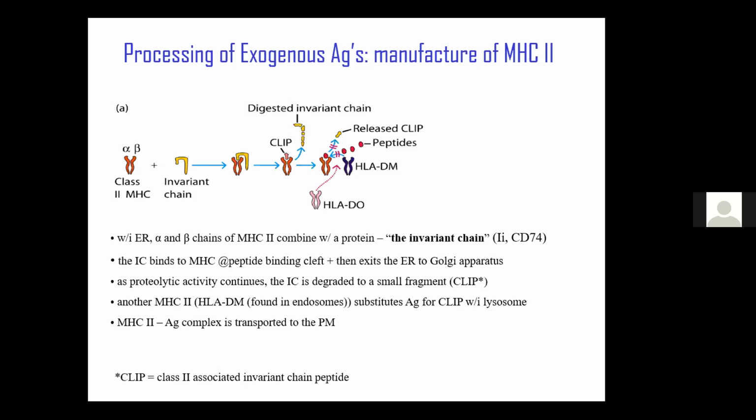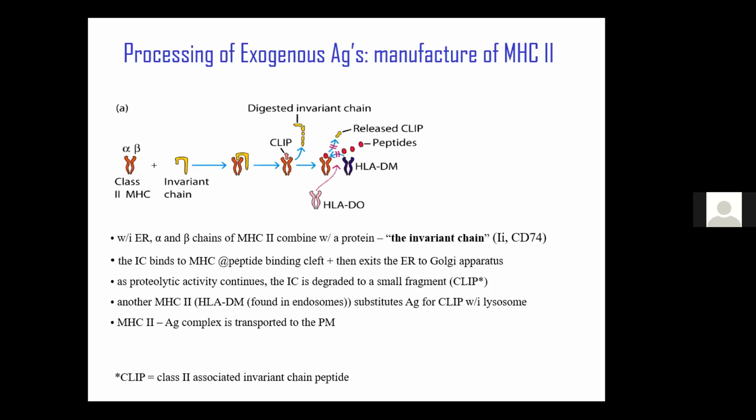The invariant chain is degraded to a smaller fragment, which we call CLIP, and then the cycle is repeated again and again. So what to note here is that for MHC class 2, you don't need TAP1 and TAP2 or ubiquitin, but instead you need this invariant chain molecule that is very critical to coupling an MHC with an antigen.